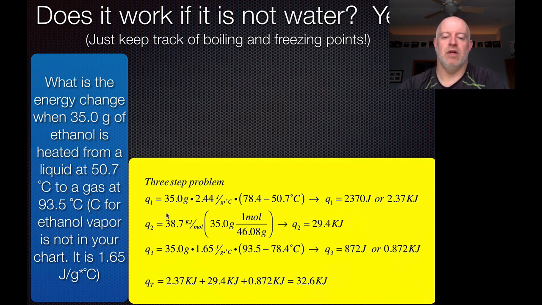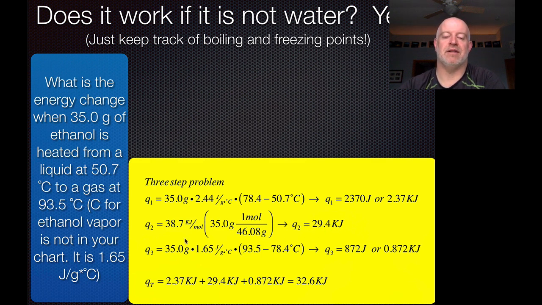For part 2, I had my molar heat of vaporization. I had my mass in grams, so instead of doing it as 2 steps, I said, well, this value is grams over molar mass to moles. That math times this will give you my answer. So I started combining my work a little bit here. Doing that, I got 29.4 kilojoules.